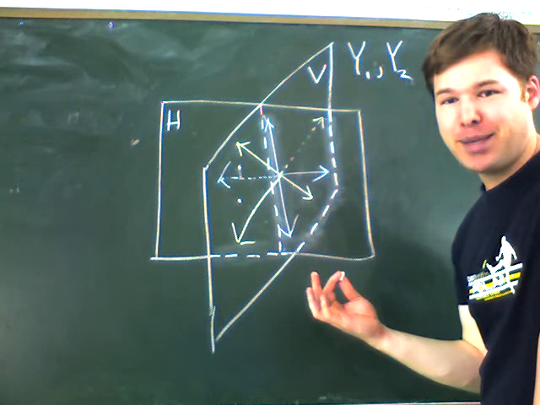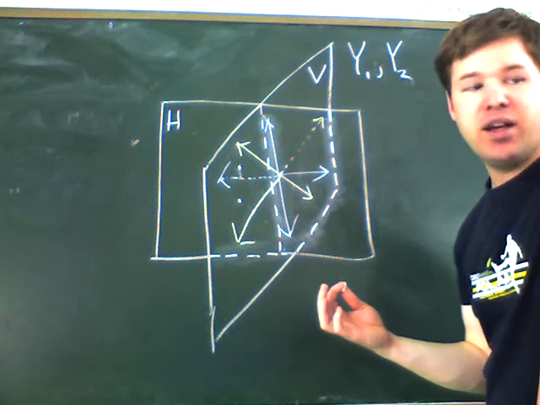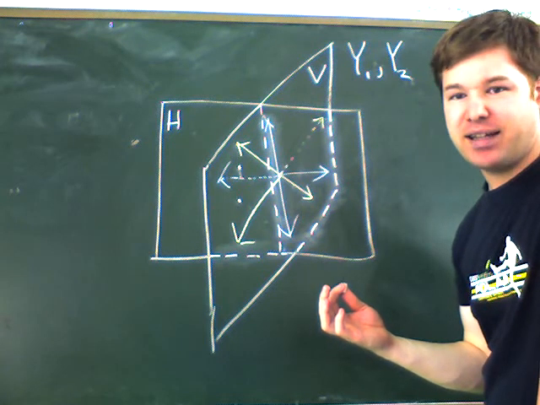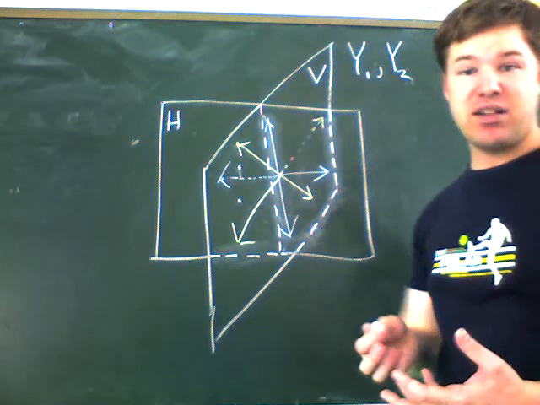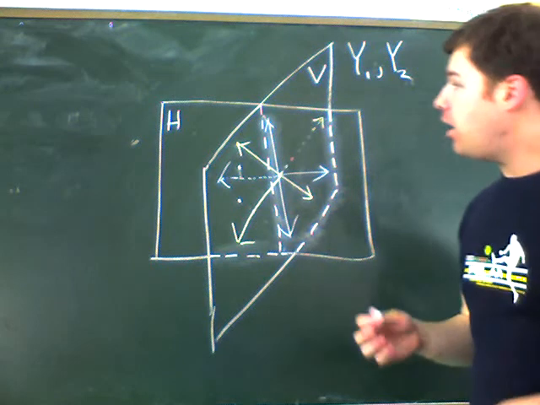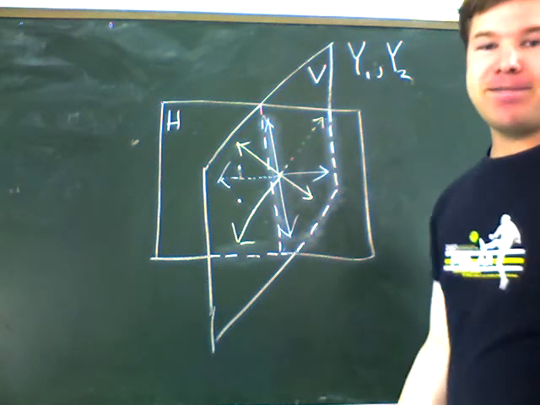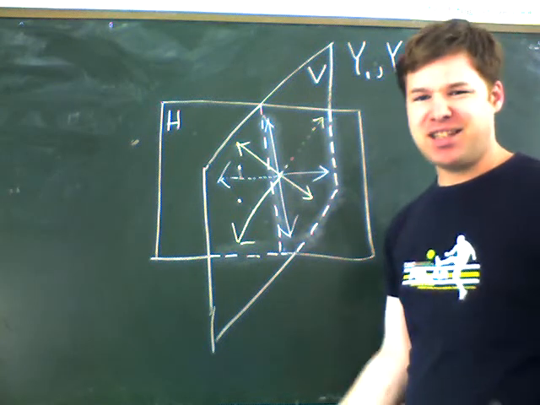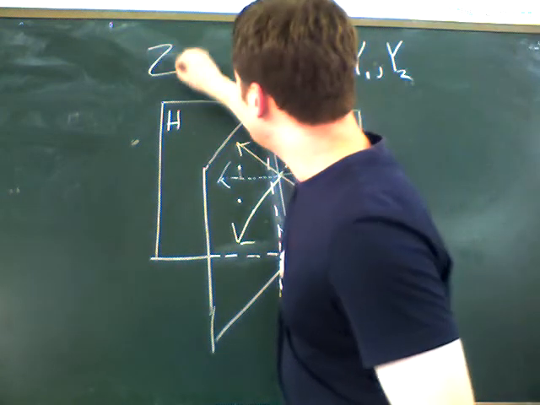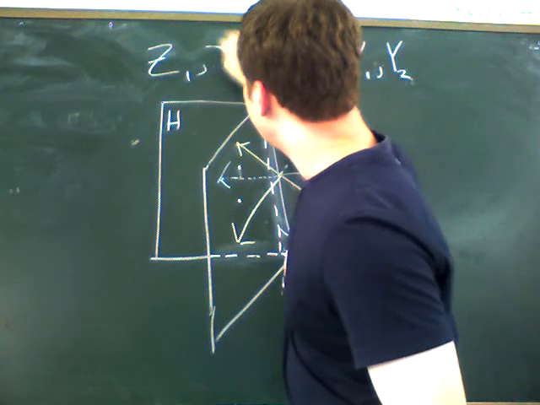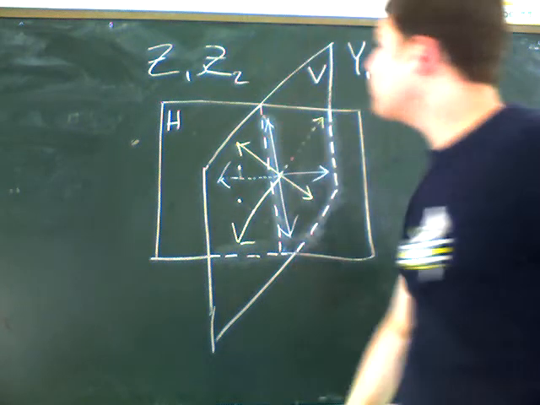Of course, this is hyperspace physics, so we don't really have a z-axis as we would perceive it in our 3D world. But just to make things a little more simple, I'm just going to call this z. So we have z1 and z2.